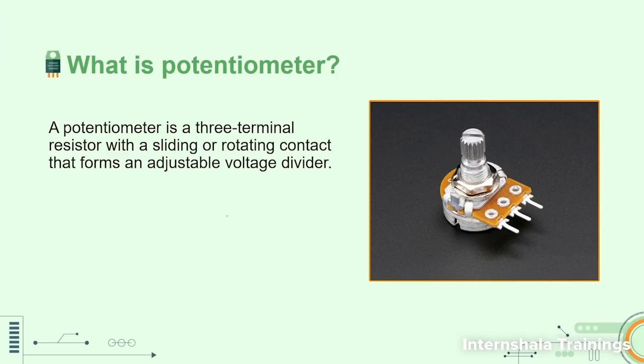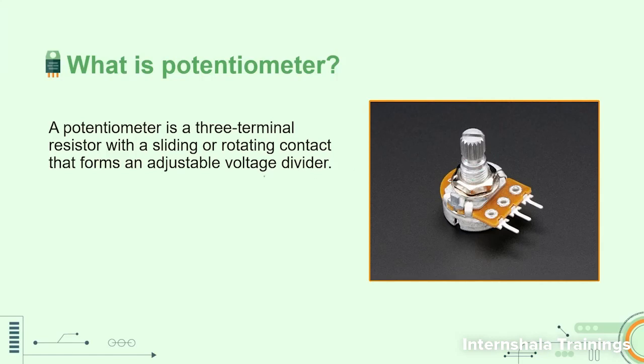But this potentiometer has a variable resistance, and the resistance value depends on the position of this knob. So a potentiometer is a variable resistor and we use this component multiple times in our designs.